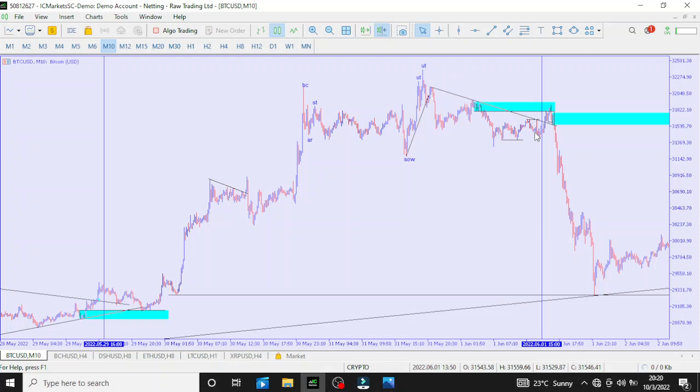And you see this bearish order flow, how the price created the liquidity. And it's in line with the higher time frame. It doesn't go out of its way.